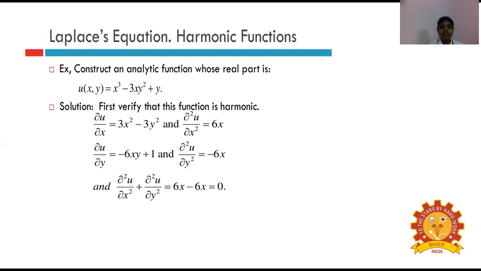Again differentiating, ∂²u/∂x² = 6x. Next, ∂u/∂y = -6xy + 1, and ∂²u/∂y² = -6x. Now we add both: ∂²u/∂x² + ∂²u/∂y² = 6x - 6x = 0.